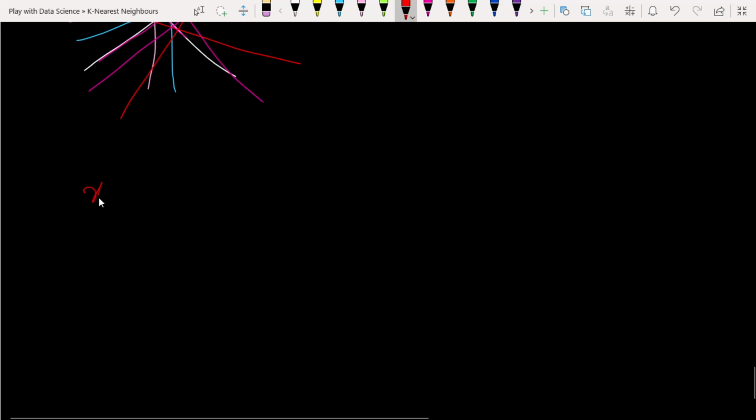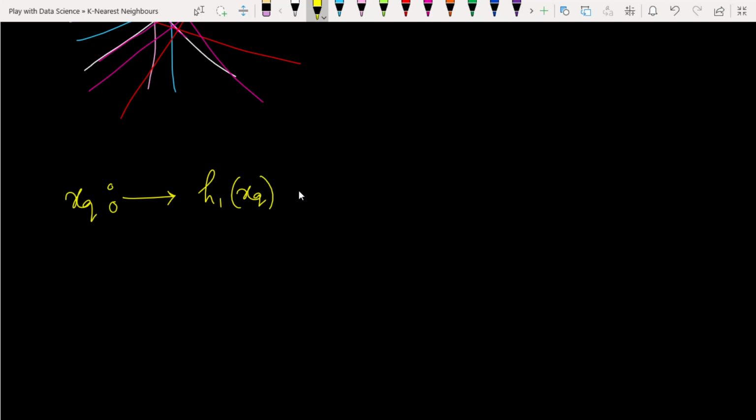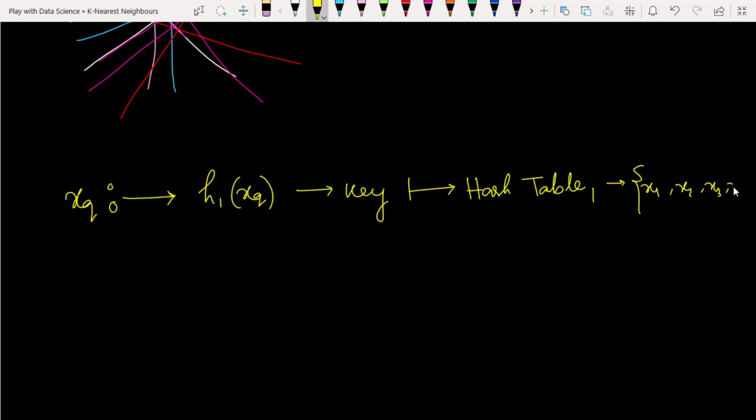So we can conclude that for a query point xq, we first construct a hash value for this query point, h of key, and according to that key we construct hash table 1, and suppose we find the values x1, x2, x3, suppose x2.